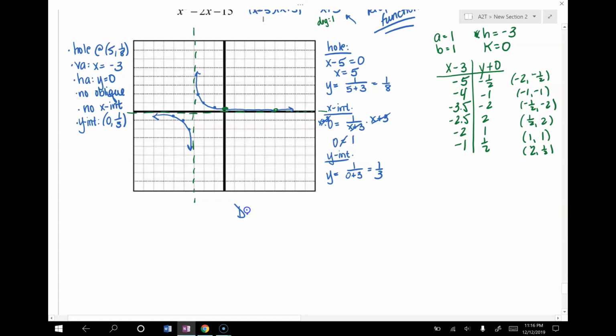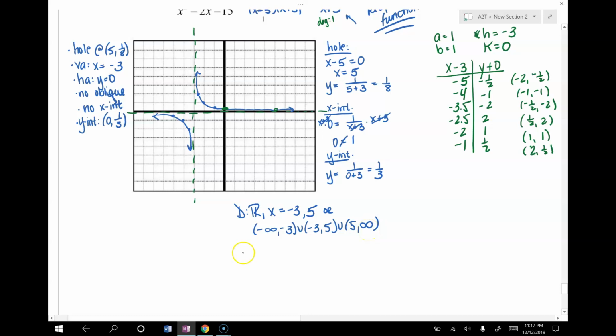All right, domain, and we're almost there, is restricted by your asymptote and, anybody? Yes, your hole. Okay, the hole is discontinuous. So we can write it in set notation, which I just did, or we can say -∞ to -3 union -3 to 5 union 5 to infinity.